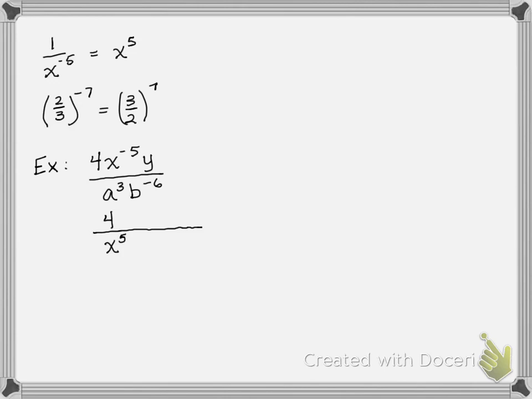So y to the 1st power has an exponent of positive 1, so it stays where it is. And in the denominator, I have a to the 3rd, which would stay where it is, because that is multiplying by 3 factors of a in the denominator. And then the b would move.